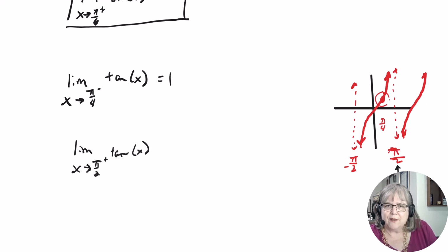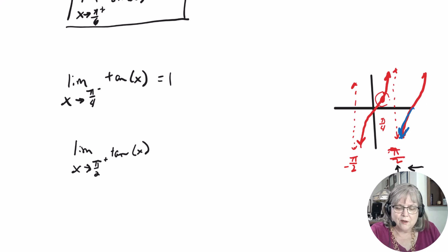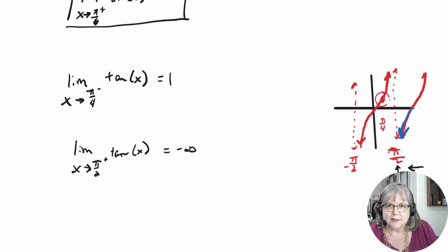And if it's undefined, you cannot just substitute the number in. So if you remember your picture, as you're coming into pi over 2 from the right, the tangent function is falling down like this. And so the answer would be negative infinity, because it's going down to negative infinity.